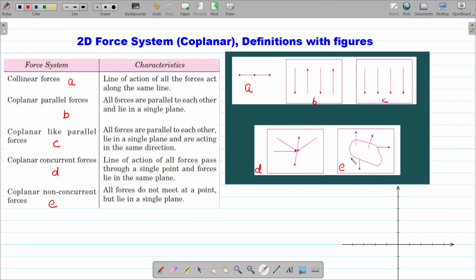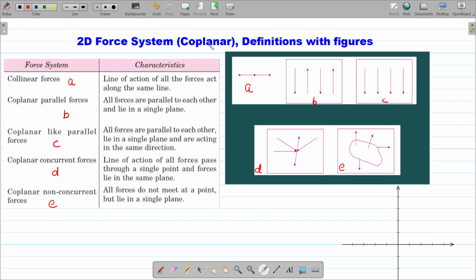That is why it is different from the above one: even though this is also coplanar, it is non-concurrent, which means they are not converging at a single point. And this is the figure for this system with its definition.